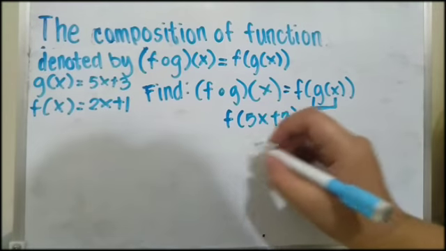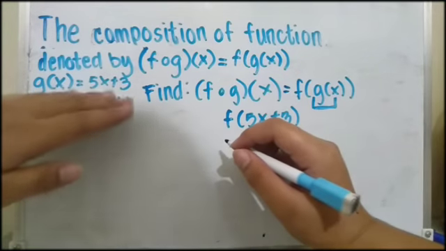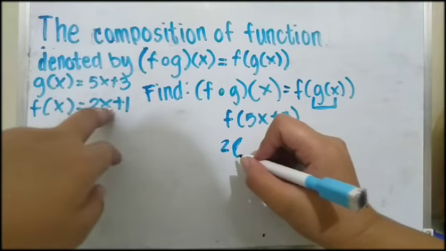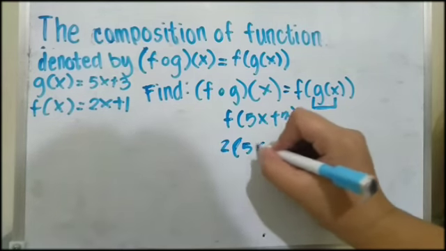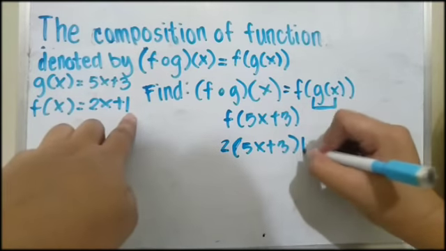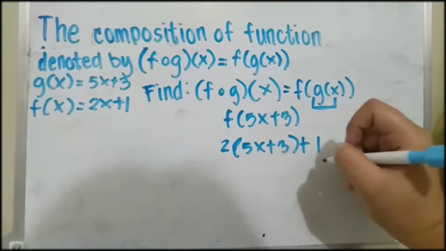Then after that, next is the value of f(x). So the value of f(x) is 2, and then change the value of x to 5x plus 3, and don't forget the 1, put it at the end. And then let's simplify.